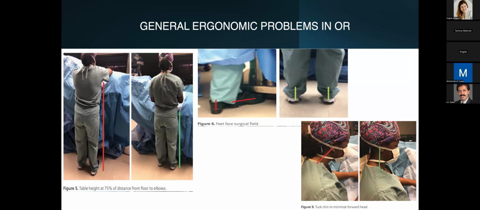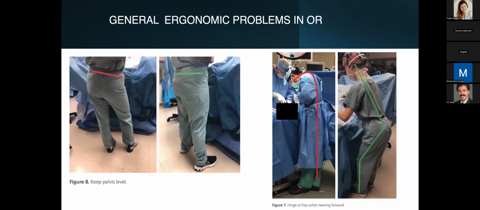And when you're operating, whether open or laparoscopic or endourology, you should always try to tuck your chin to minimize the forward head movement. That really helps with the neck pain and shoulder pain. When standing, you should always try to keep your pelvis leveled, as in the picture on the left.